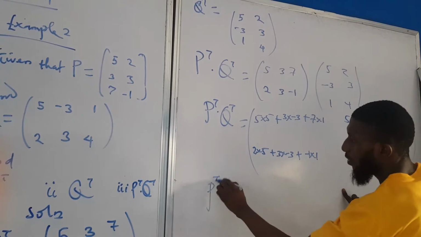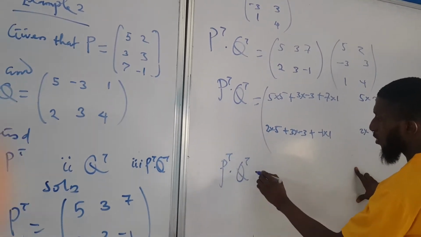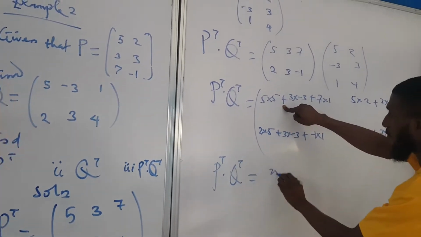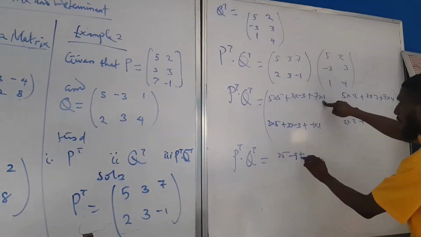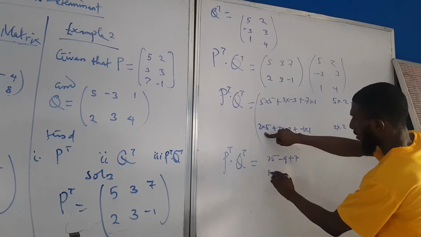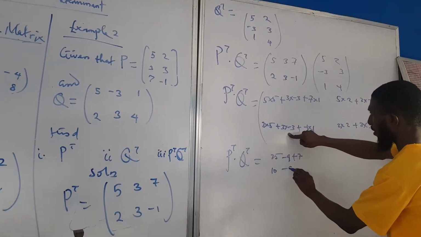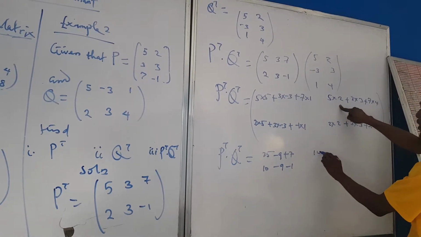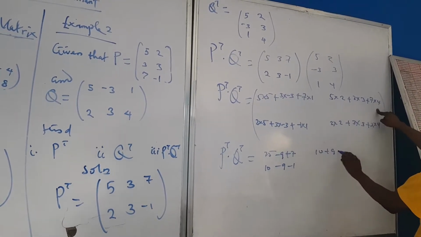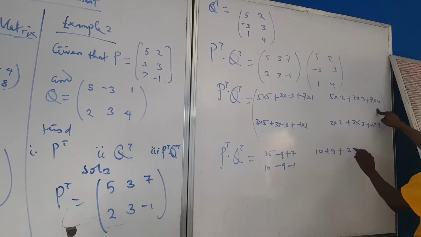Then our P transpose Q transpose product is now: this one is 25 minus 9, then plus 7. This one is 10 minus 9 minus 1. This one is 10 plus 9 plus 28.